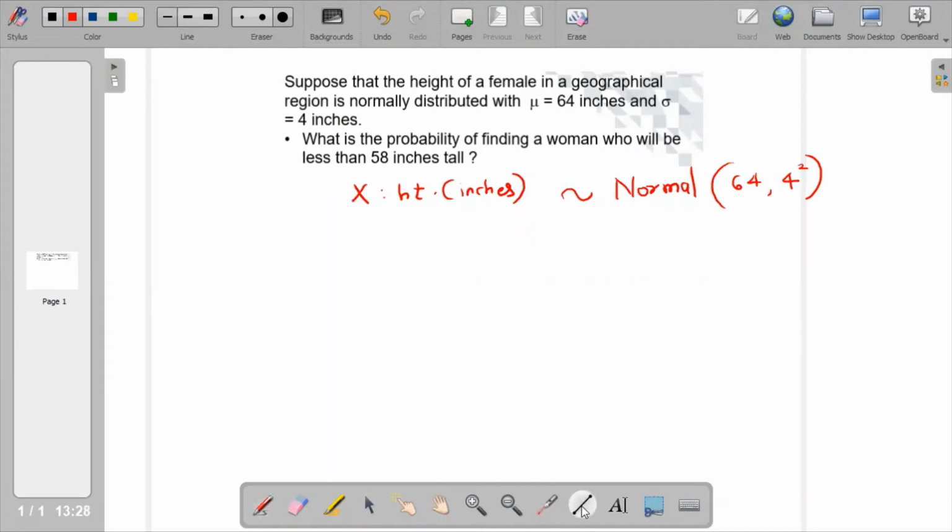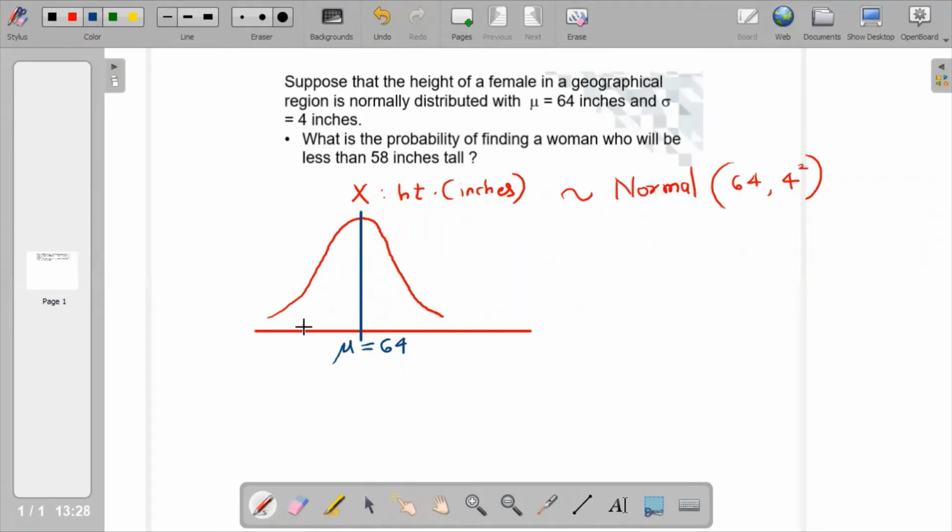Now, considering our bell-shaped curve, let me draw our bell-shaped curve over here. Maybe you can think of this as the mu. Yes, this is mu. Mu is equal to 64.